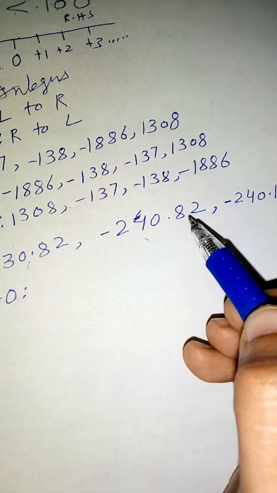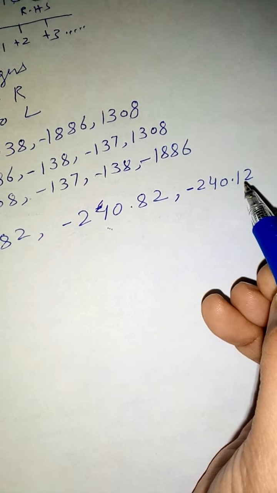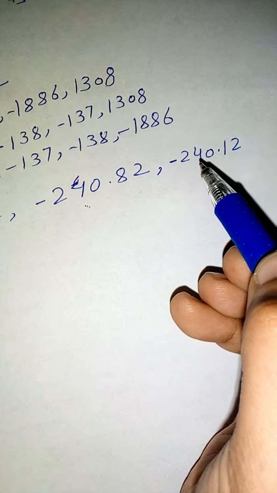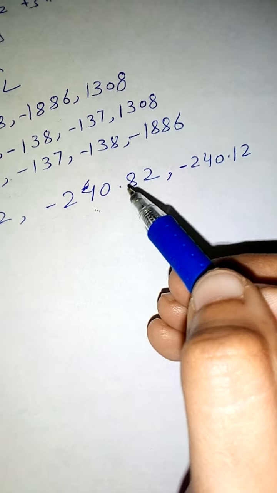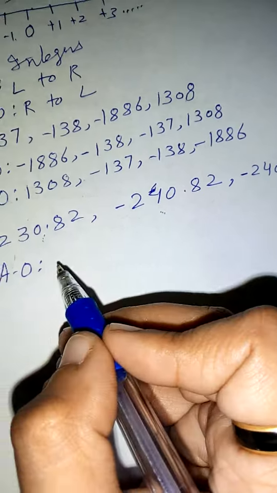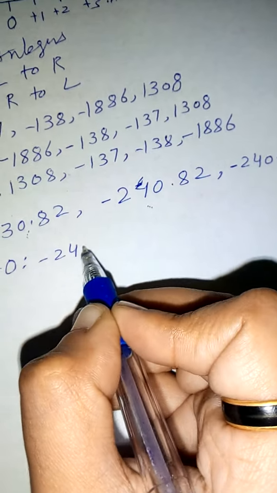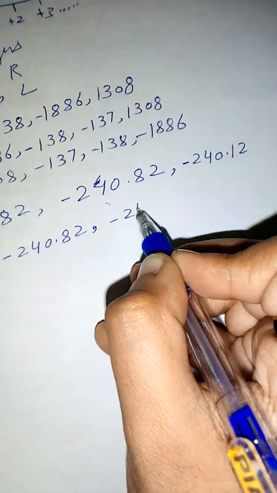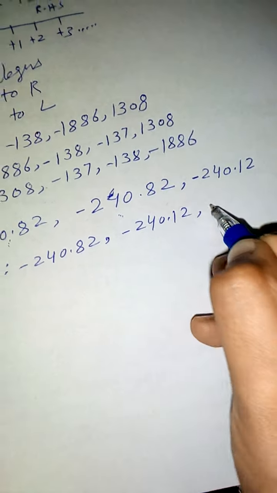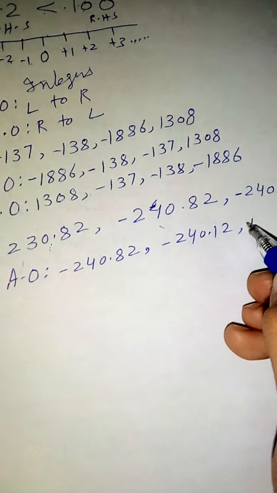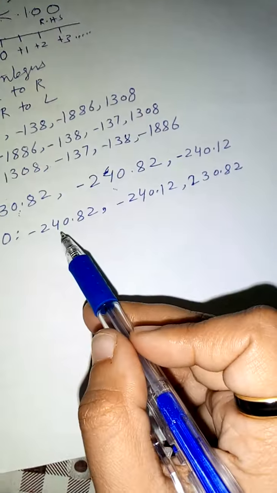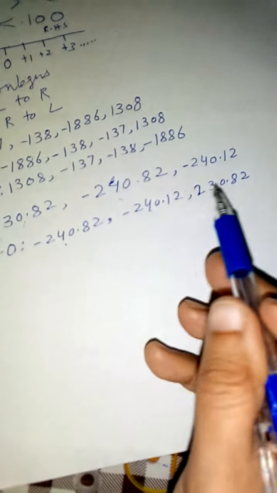Minus 240.82 and minus 240.12: the smallest number will become the bigger one, and the bigger one becomes the smallest one. So in ascending order, minus 240.82 is the smallest one, then the bigger one is minus 240.12, and the last, biggest number is 230.82. So smaller, bigger and bigger.